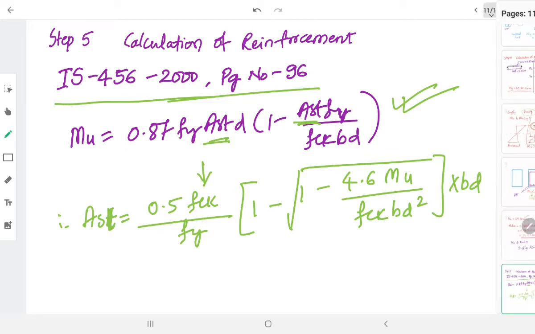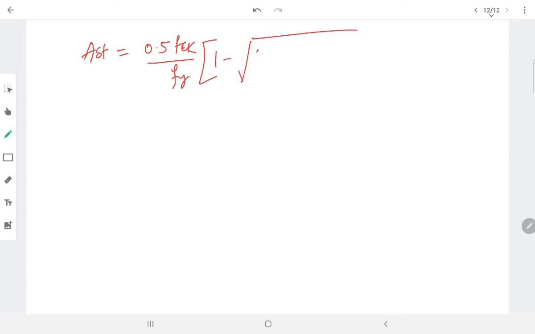Here I'll write this equation: AST is equal to 0.5 Fck divided by Fy into bracket 1 minus root of 1 minus 4.6 Mu divided by Fck b d square, into b into d.